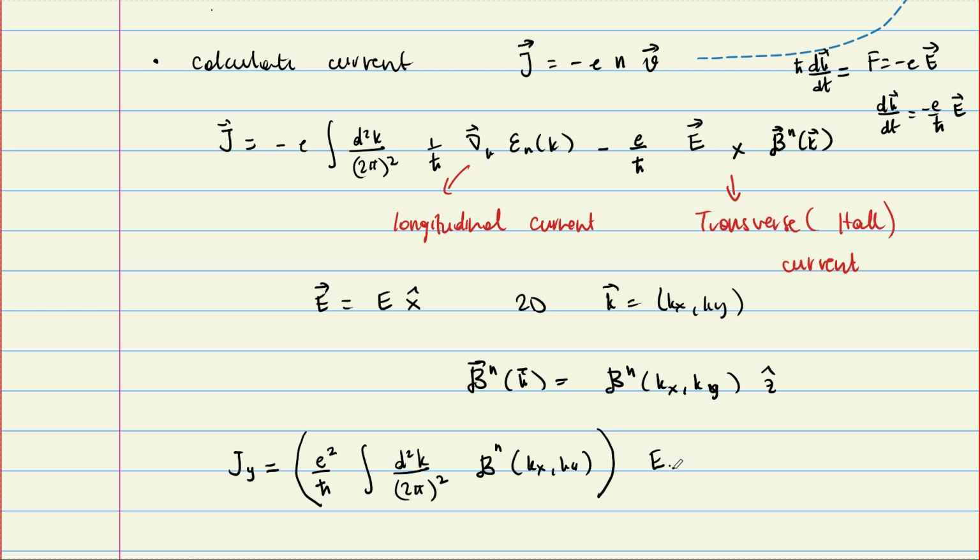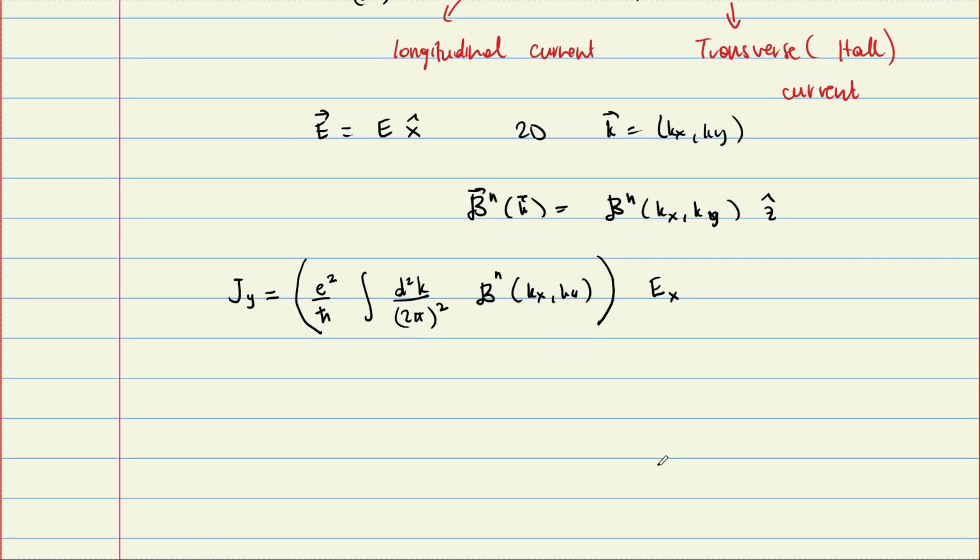Let me write it like Ex to see the structure, and you can see this is going to be equal to sigma yx. So Jy is equal to sigma yx times Ex. Then we have sigma yx equal to this thing.